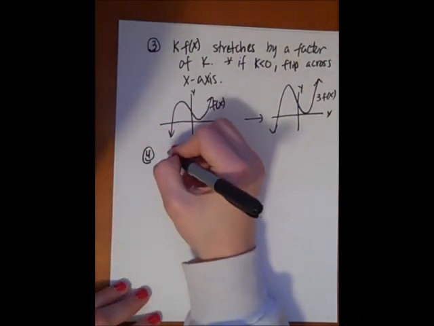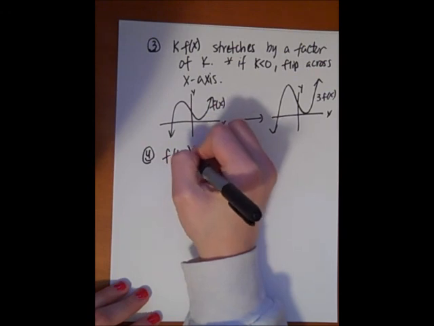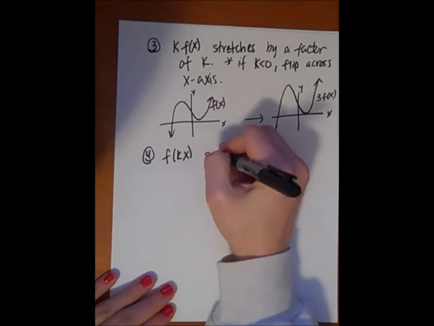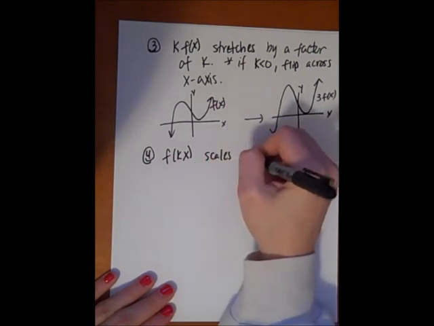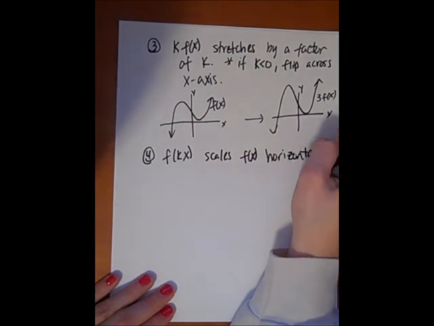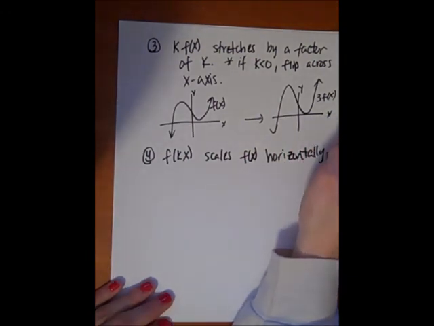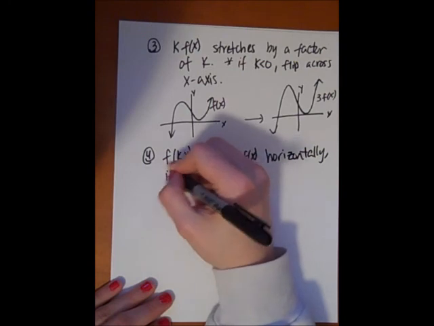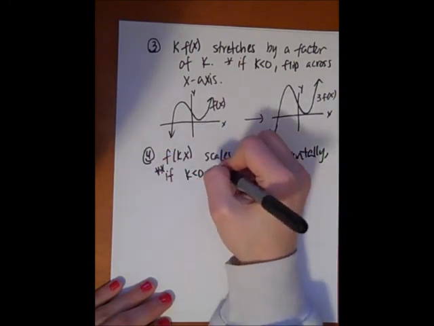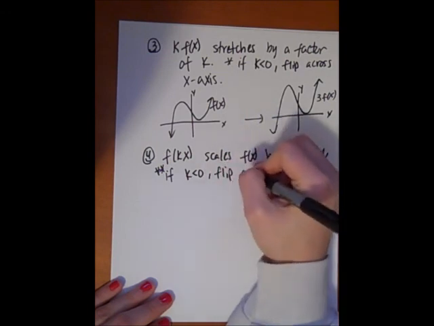Last one, f of k times x. So k times f of x, that was stretching it vertically. Now we're going to be stretching it horizontally. So this scales f of x horizontally by a factor of k. And this is the star thing: if k is less than 0, flip across the y-axis.